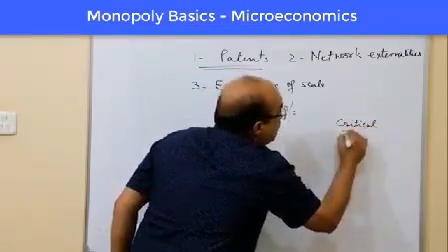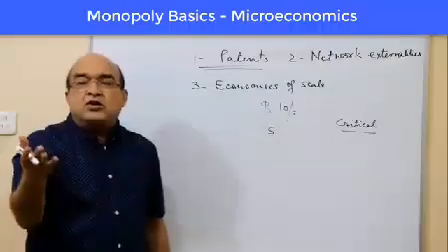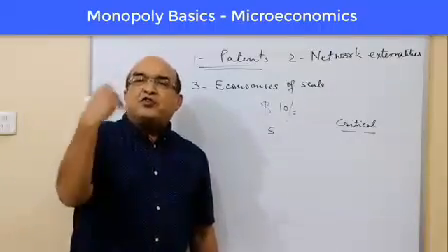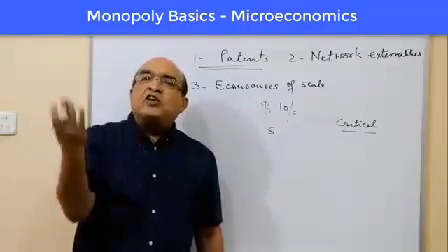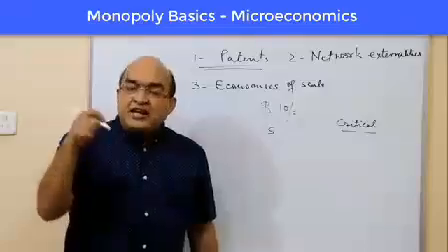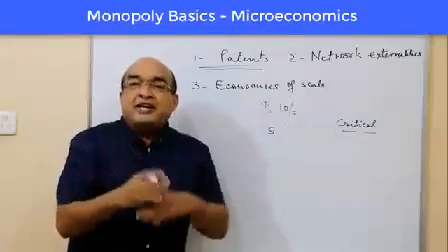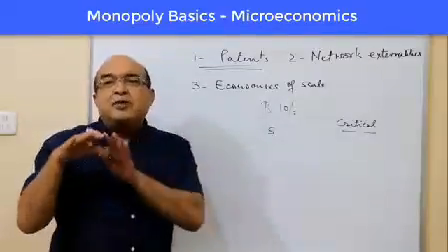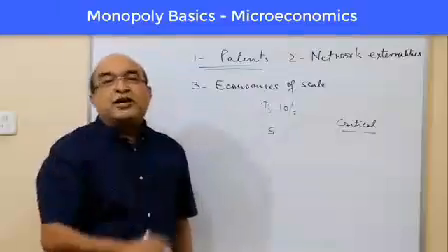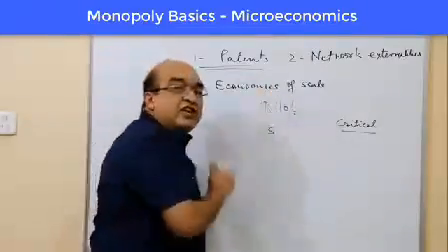For example, if you have 1 million consumers, it becomes difficult for the new entrant to create that huge market, so the existing firm continues to enjoy it. That is network externalities.